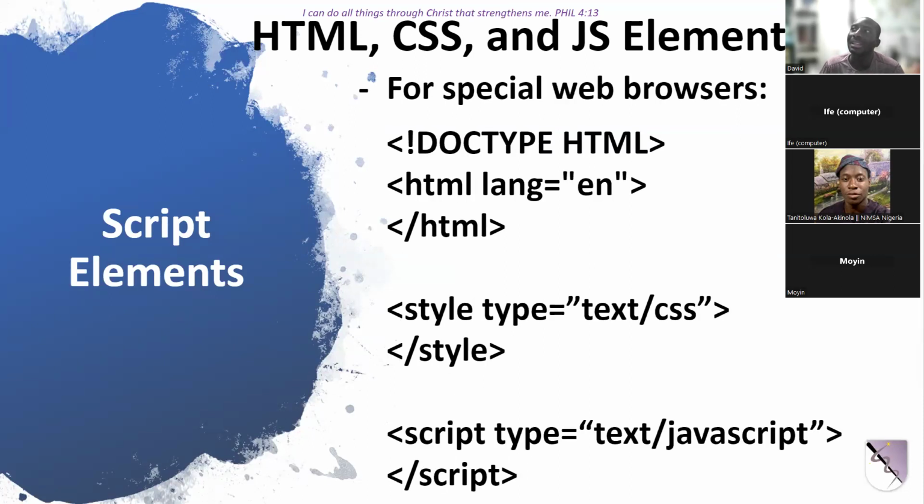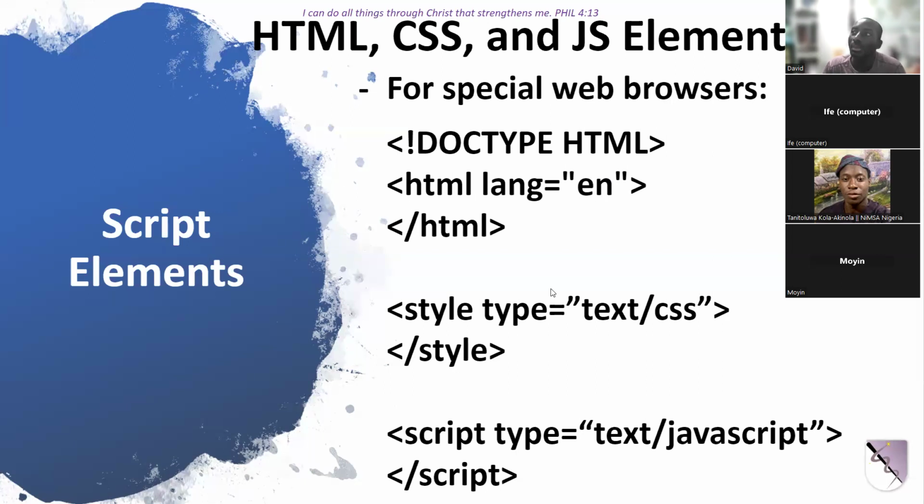Then we talked about how it's very important to make your web page code compatible with old browsers. To do that in HTML, you always want to add doctype HTML just in case it's an old browser, to make it explicit that this is going to be HTML code until the browser reads the closing HTML tag. You can even specify the language of the web page by using the attribute lang equals en for English, and you can also do different languages.